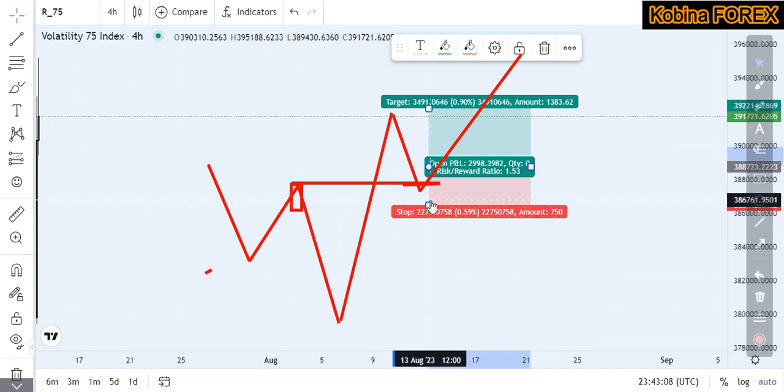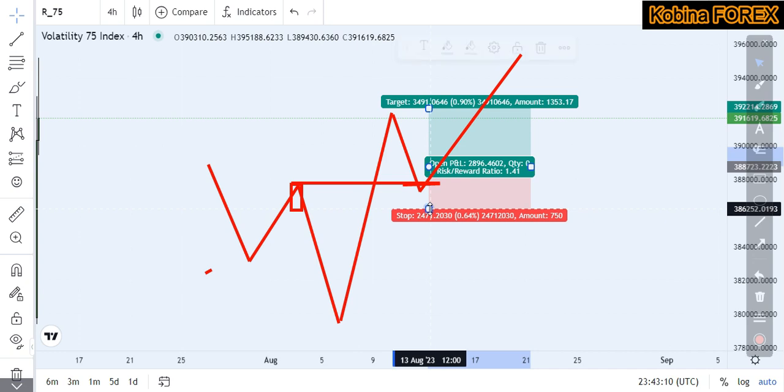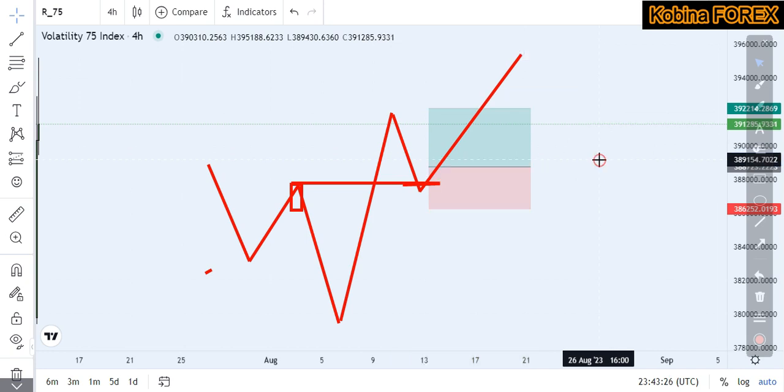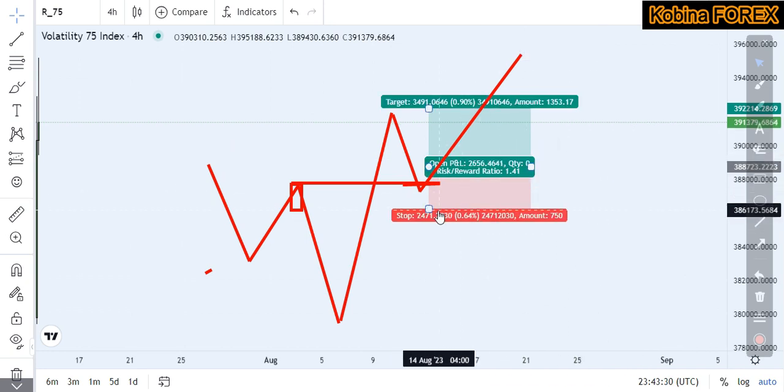So just a few pips below it gives you the exit point, and the exit point for taking profit would be above the recent high that was formed before the reversal, which gives you a good sizable profit to take.